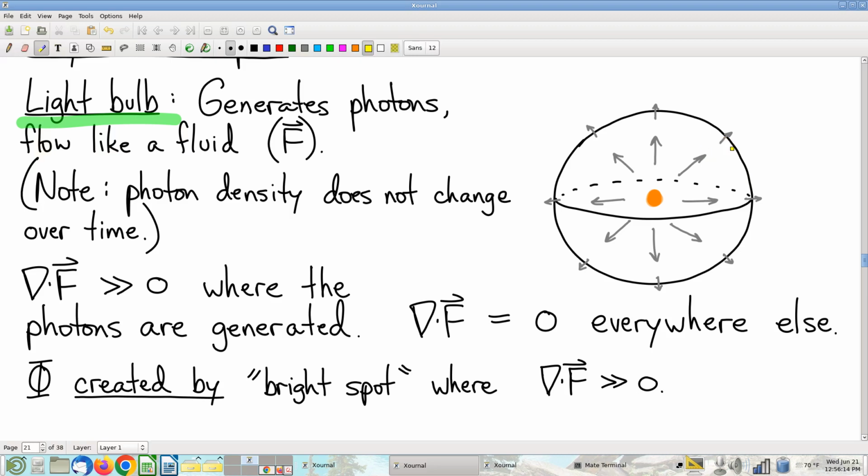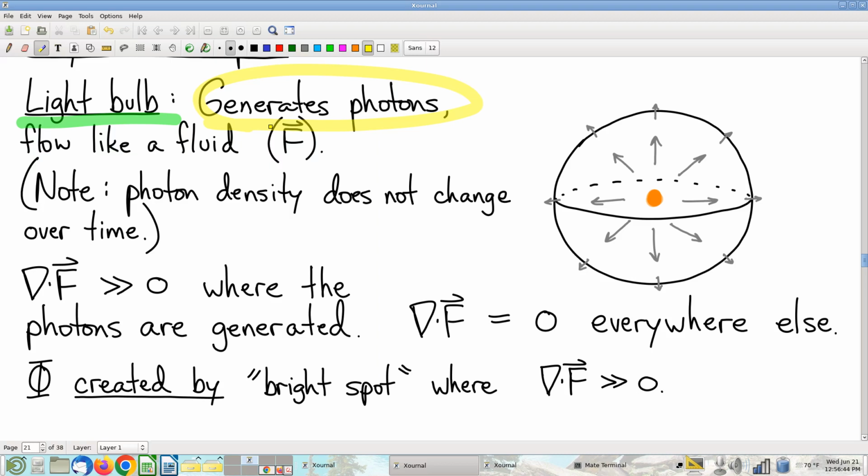Okay. Now, a couple of observations. There's a couple of specifics about this fluid flow that it's important to notice. This is a fluid that's being generated. That's what light bulbs do. They create photons. It's not like there's a limited supply of photons inside your light bulb and it's shooting them out and diminishing its supply.